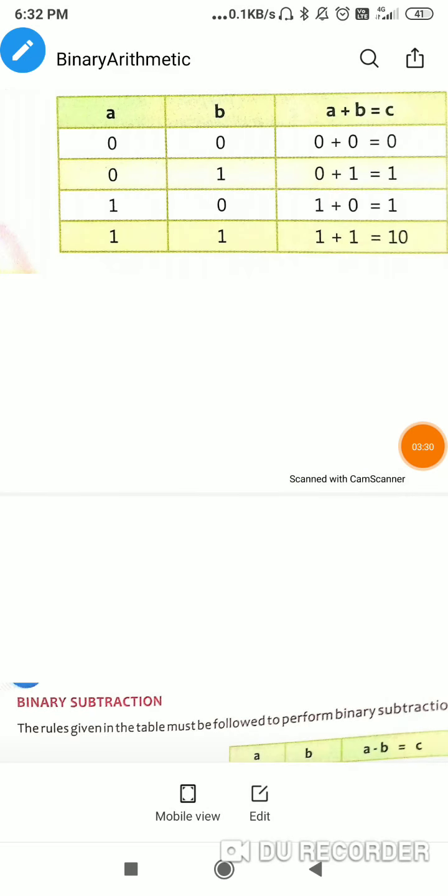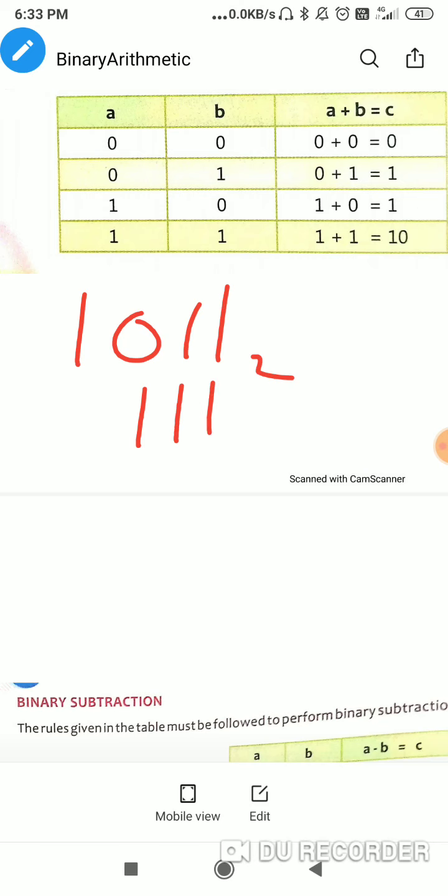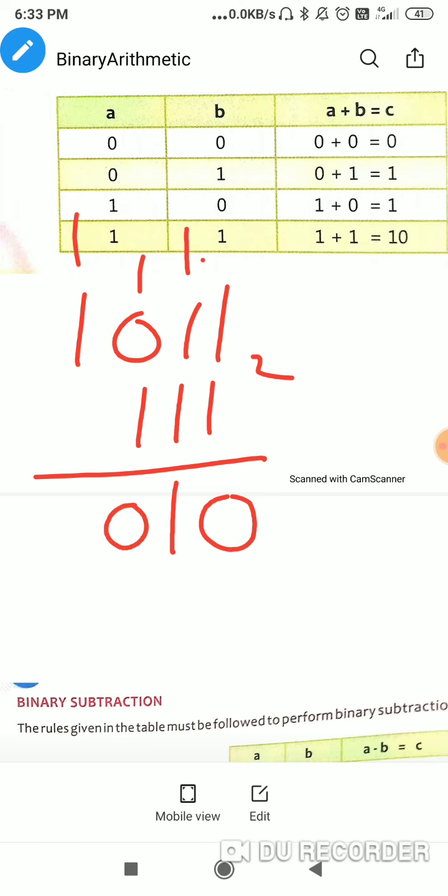Children, one more example. Suppose the number is 1011 in binary and you want to add 111 to this. Okay. So after adding, 1 plus 1 becomes 0 and 1 carry. 1 plus 1 plus 1 becomes 1, 1 carry. 0 plus 1 plus 1 becomes 0, 1 carry. 1 and 1 is 10, and this will be written here.